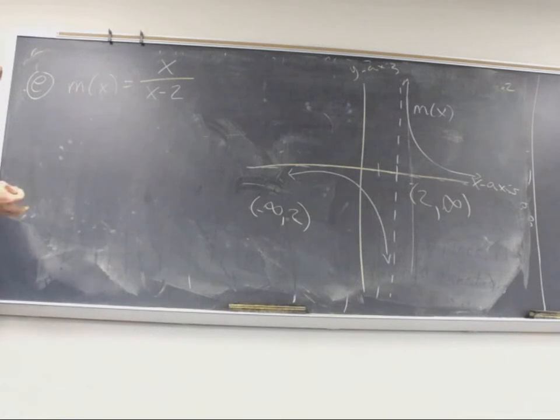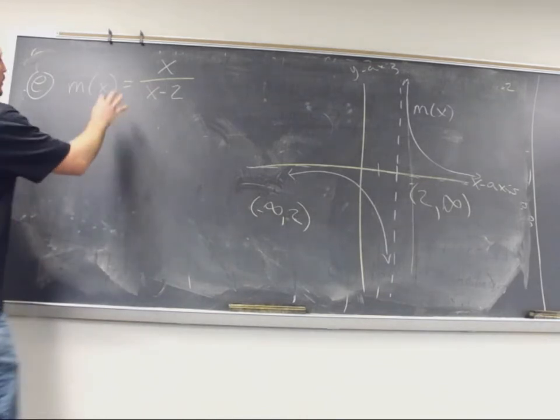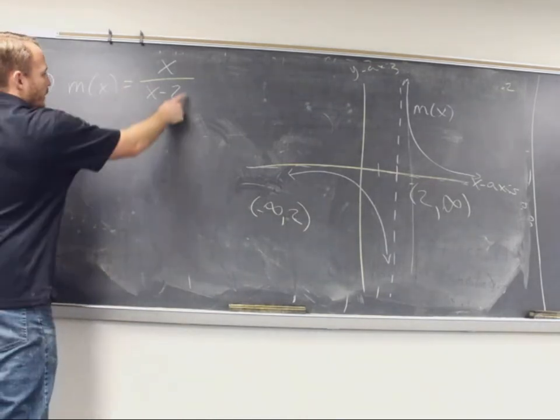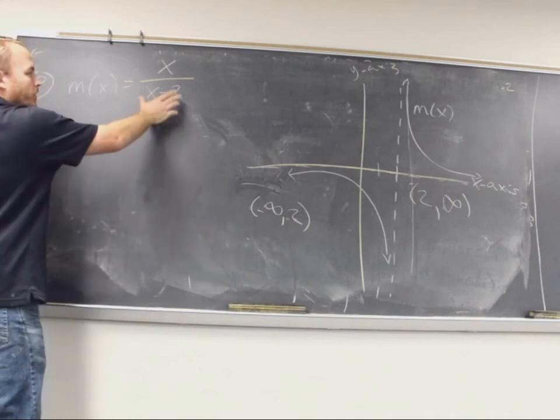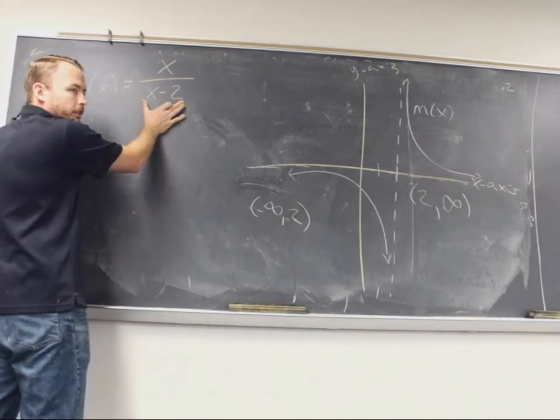What would make this function invalid? Same thing with the square root a second ago. What would make the square root invalid? If we had a negative number inside the square root. So we had to make that greater than or equal to 0. Here, what would make this invalid? If we had a 0 in the denominator. So we don't want the bottom to ever equal 0.